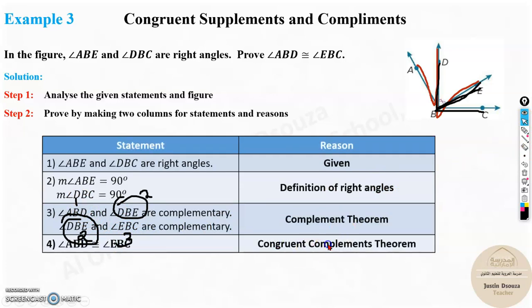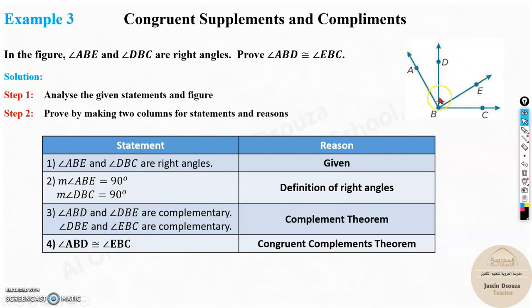So the congruent complements theorem, which we saw just a while ago, stated that. You can pause and rewind the video. It stated that this and this will be equal. So from the congruent complements theorem, we can state ABD and EBC are congruent. So this is the proof. First was given, then the 90 degrees, so we are just writing the definition of right angles, and then the complement theorem.